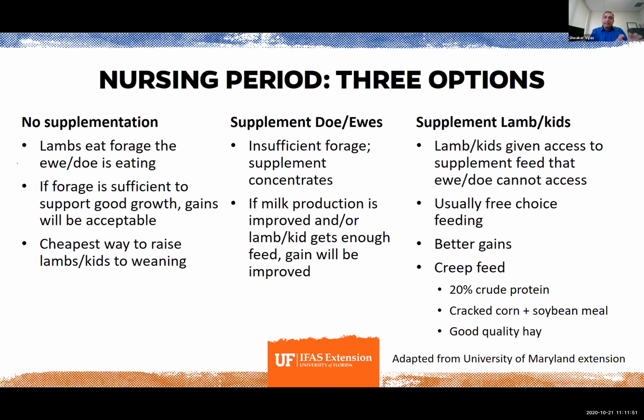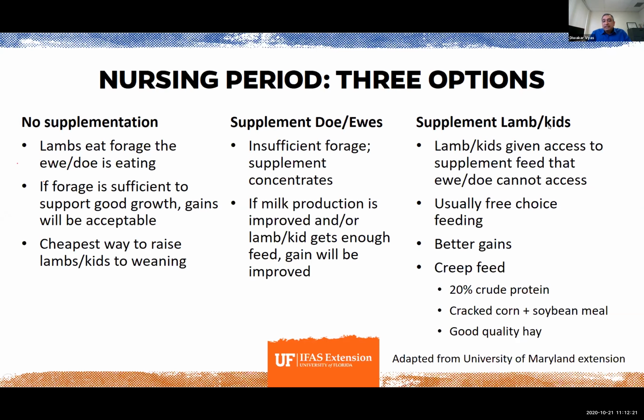So if we have inadequate forage biomass, we can use a supplementation strategy to divert this forage biomass towards lambs and kids and away from ewes and does, because we are supplementing them. So milk production can be improved, and the growth rate of lambs and kids can be improved, because both ewes and lambs are getting enough nutrients.